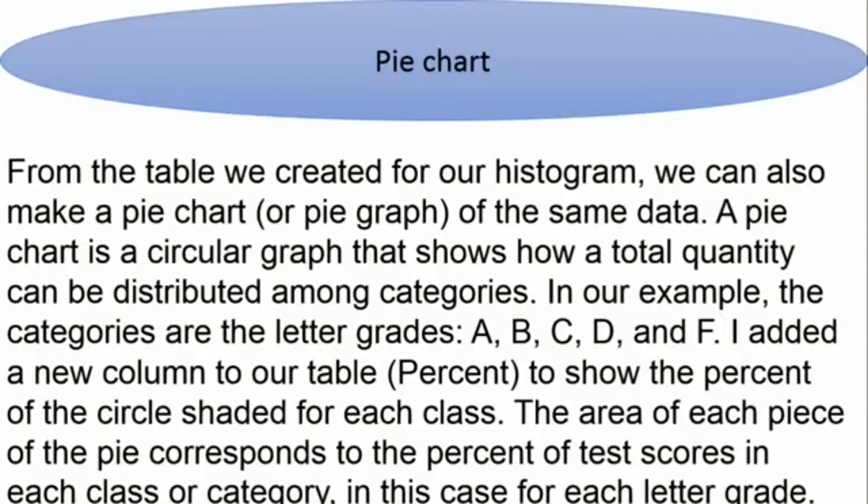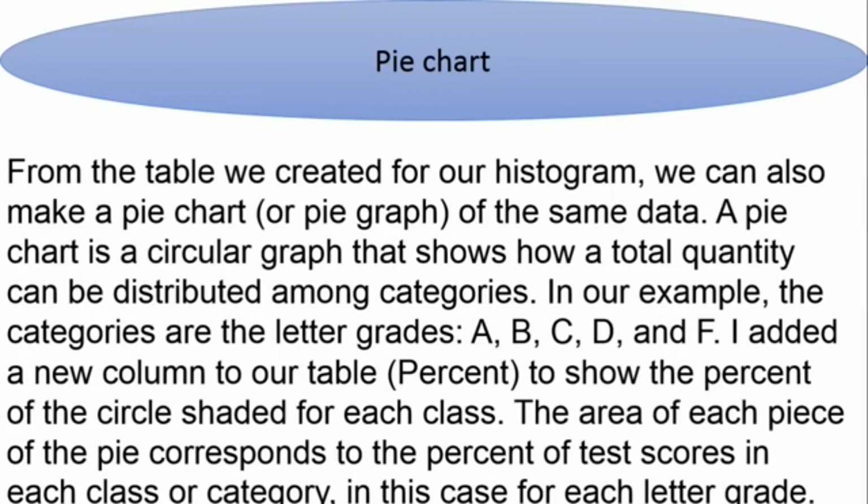So another graph is the pie chart. From the table we created for our histogram, you can also make a pie chart or a pie graph of the sample data. A pie chart is a circular graph that shows how a total quantity can be distributed among categories. In our sample, the categories are the letter grades. So we have A, B, C, and F as categories.